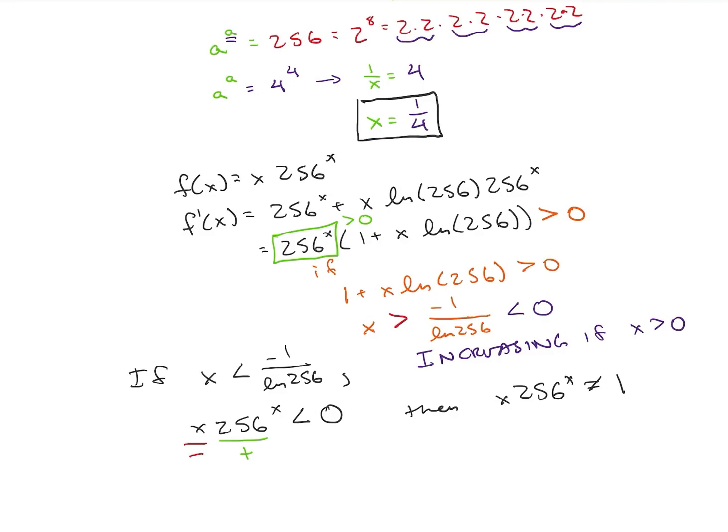Since it's monotonically increasing, it can only pass through 1 one time. So the only case where I could have another solution is if it's decreasing. And we can see that there it's always going to be a negative number, so it can't equal 1. That means our only solution is x equals 1/4.